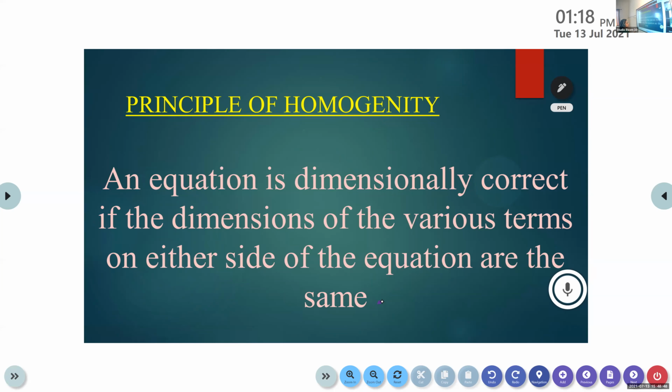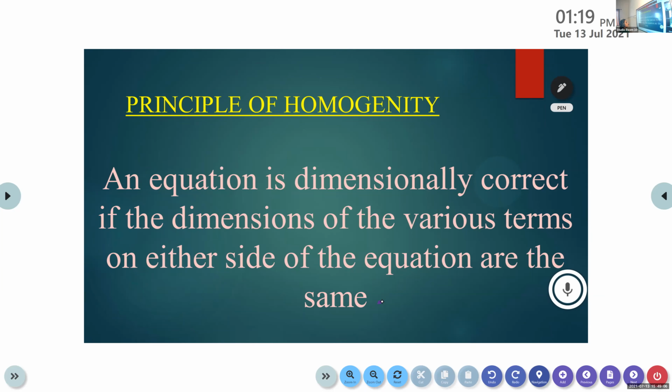So if you get an equation, first of all, you write the dimensions of each term present in that equation. Then check whether these dimensions on either side of the equation are the same. Then we can say that the equation is correct. So this is what the principle of homogeneity states.